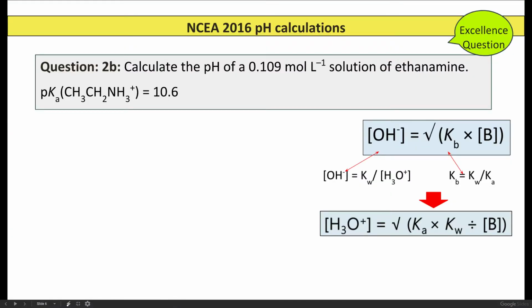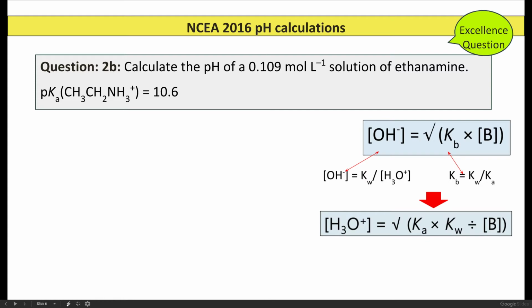So let's do one of these problems here, okay? So we are calculating the pH of ethanamine. Weak base. It's an organic molecule. It's an amine. 2 carbons, ethanamine. Cool. And we do know its concentration. We're trying to find the pH.